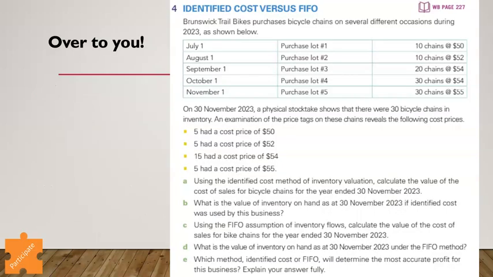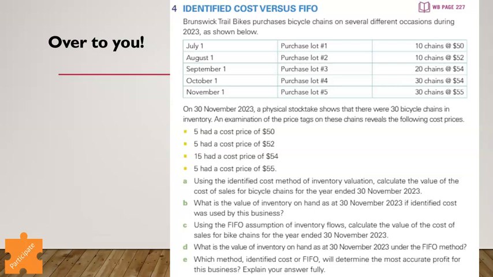So now it's over to you, particularly for my class. If you're just watching us on the internet, you can still do this question. Can you work out these questions? You've got some information here. Brunswick Trail Bikes has purchased bicycle chains on many occasions in 2023. First day of each month, it buys some chains. And you can see they're going steadily increasing in cost price. And throughout the time, things have been sold.